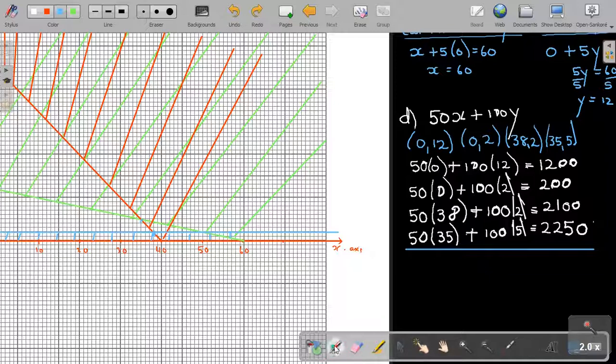So therefore, 35 and 5, 2,250. So that is the income, because that's the question.